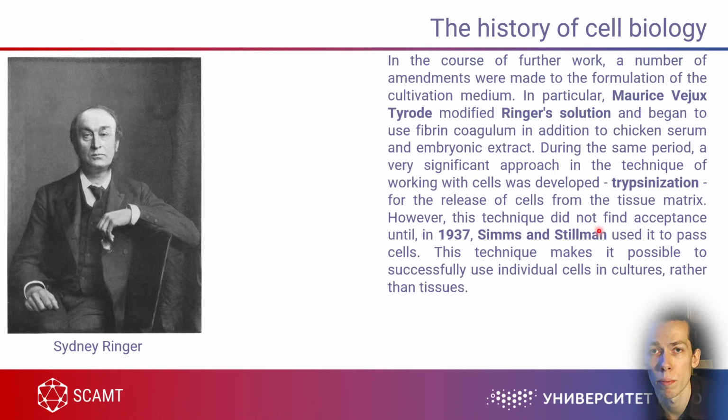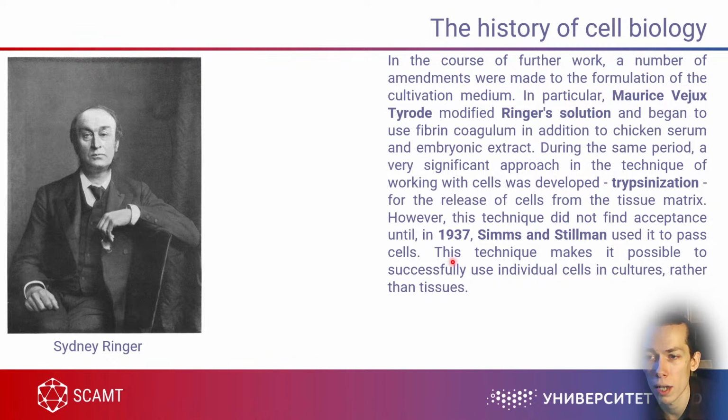And this was a problem, because tissue is usually a bunch of different kinds of cells. It's not a cell culture, it's a tissue culture. After the invention of trypsinization, they could work with real cell cultures. The main problem was to pick some cells from other cells, to separate one cell culture from other cell cultures.